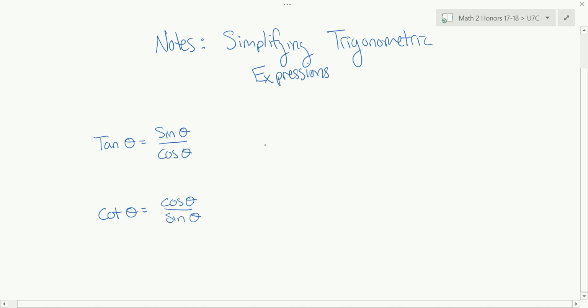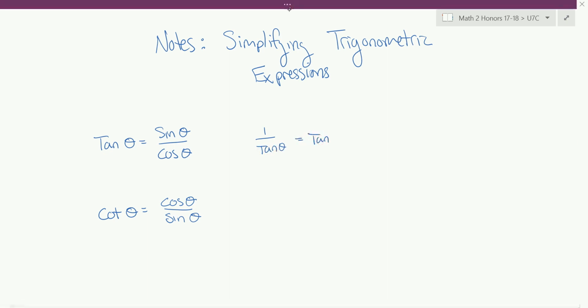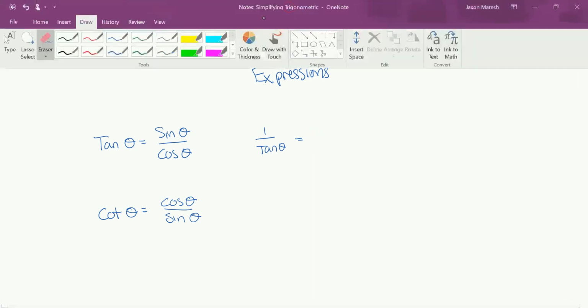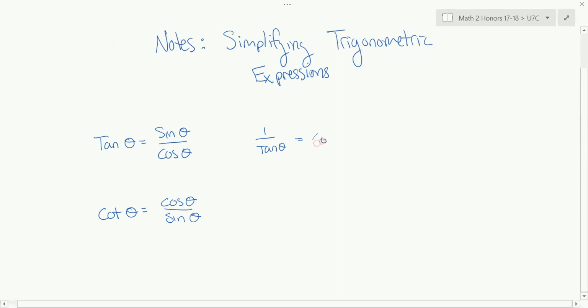We know the reciprocal identities, that 1 over tangent is the cotangent. And 1 over the cotangent is the tangent.